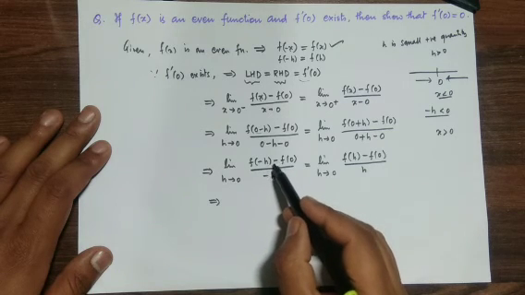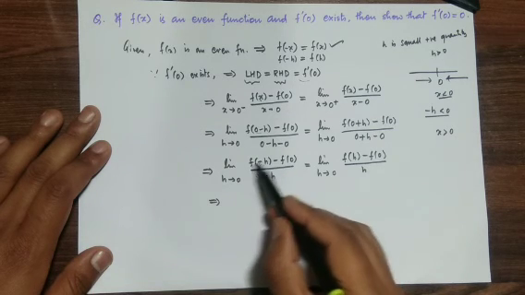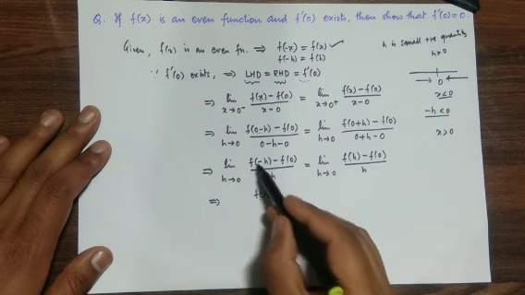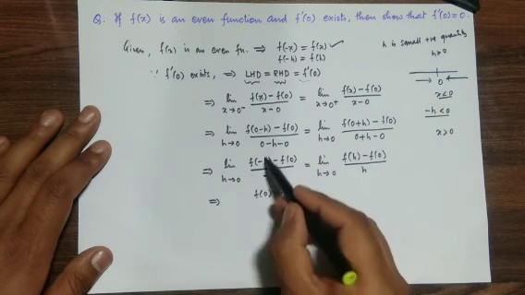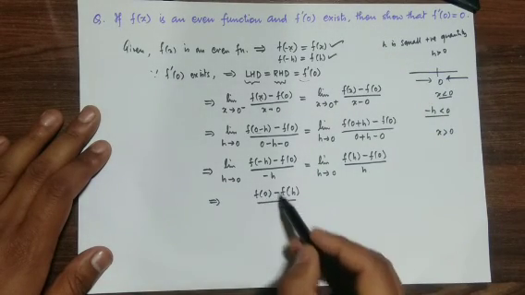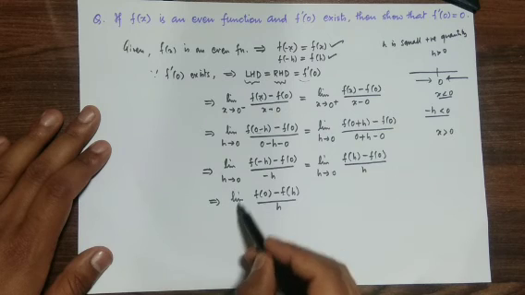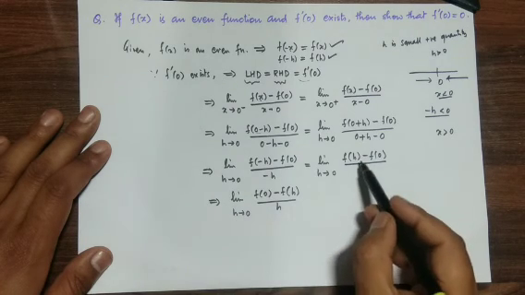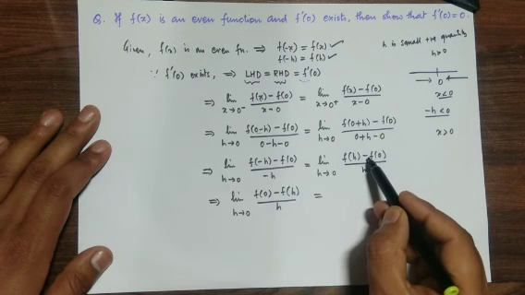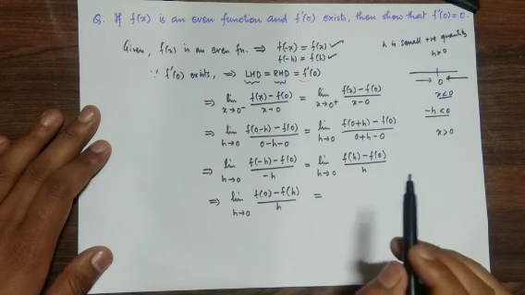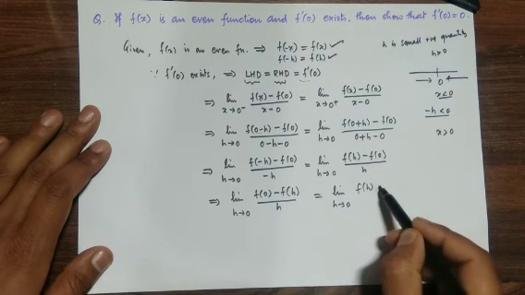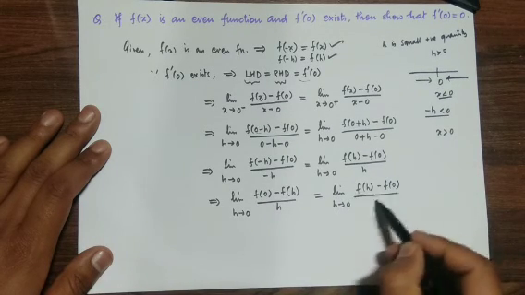If I do that, then this minus becomes plus, and here we have plus sign which becomes minus, so this becomes f of 0 minus f of h, and minus into minus becomes plus, so we have limit h tends to 0.